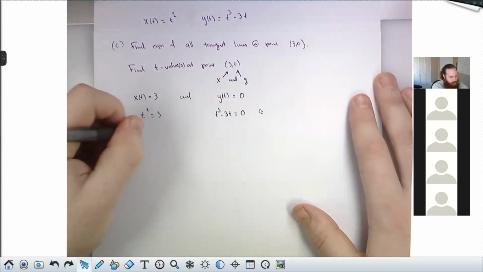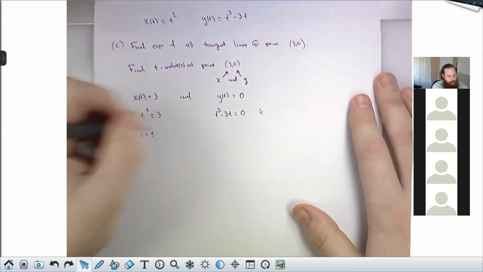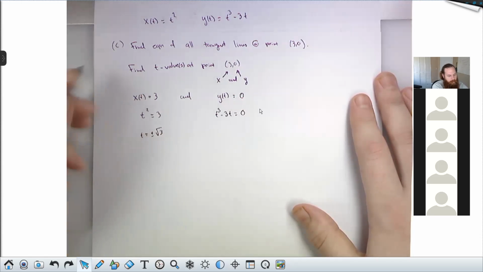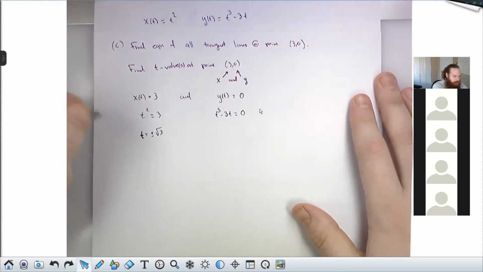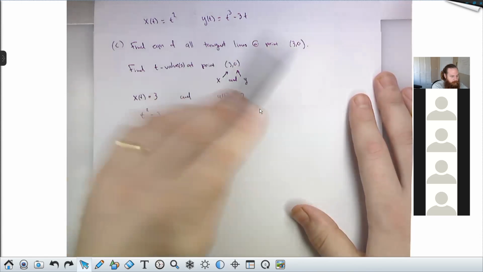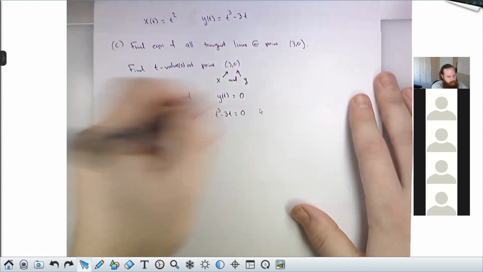Here you can take square roots and you get t is plus and minus the square root of 3. So the x coordinate will be 3 at the two times t equals plus root 3 and t equals minus root 3. But maybe not both of these have the y value being 0. So we should check this also.